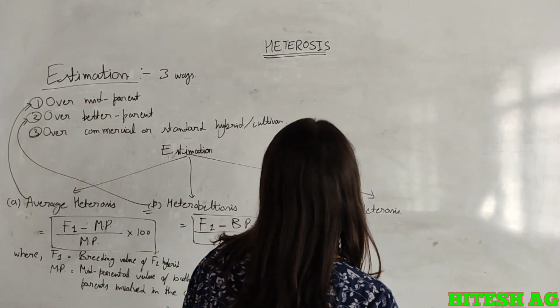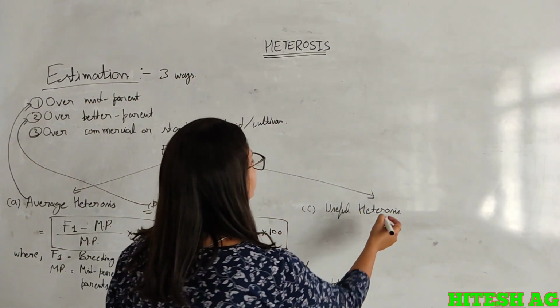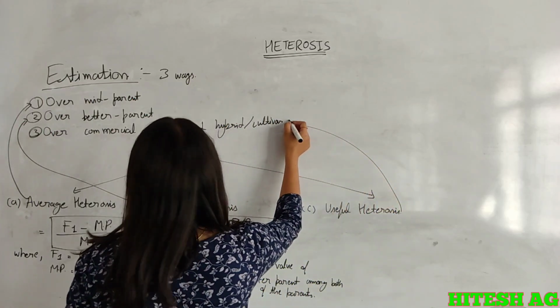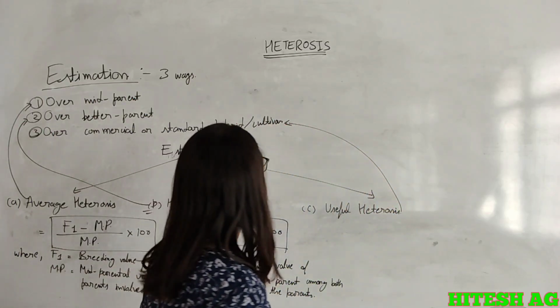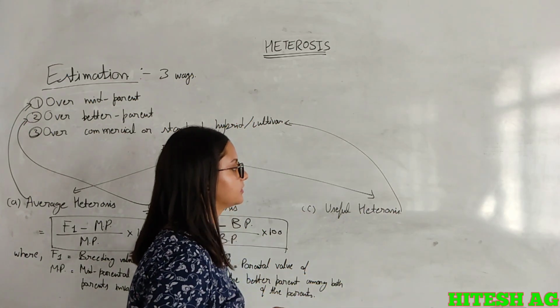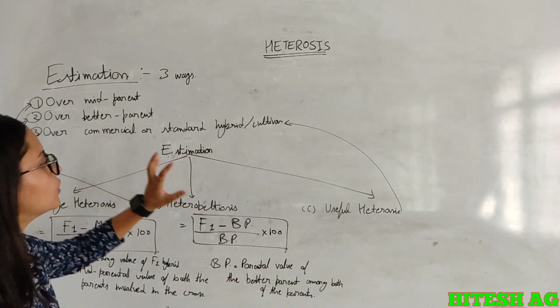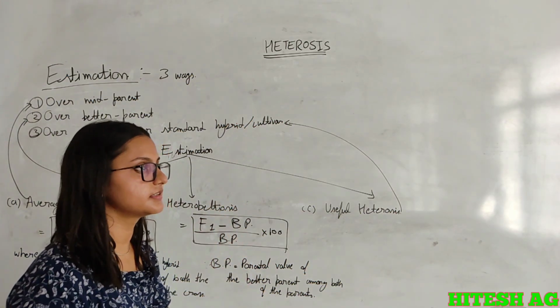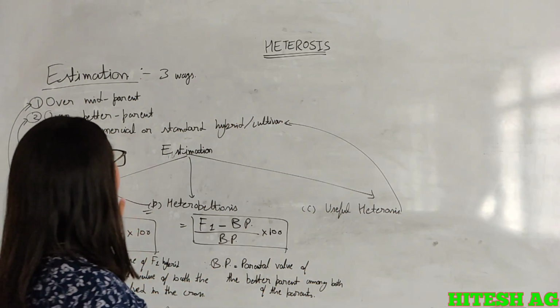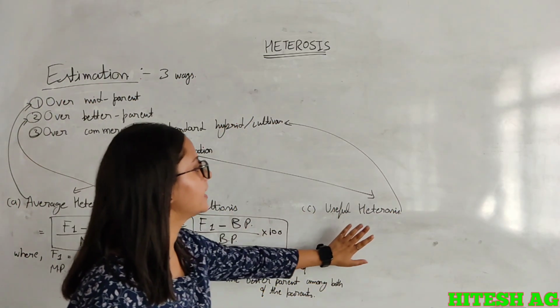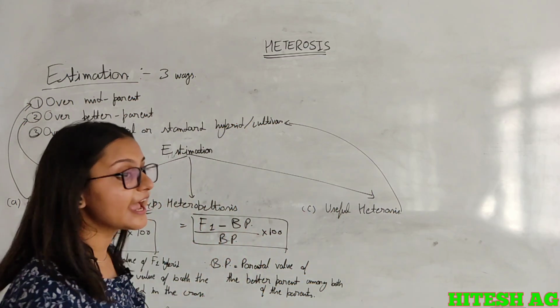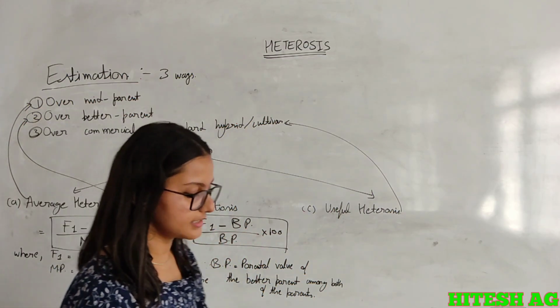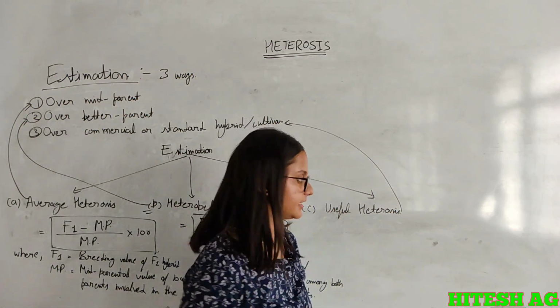Now in the case of useful heterosis, this is the estimation of heterosis over a commercial or standard hybrid or cultivar. This is basically the local variety that is commonly used as a check variety, where we estimate the heterosis in the F1 hybrid in comparison with a check variety.